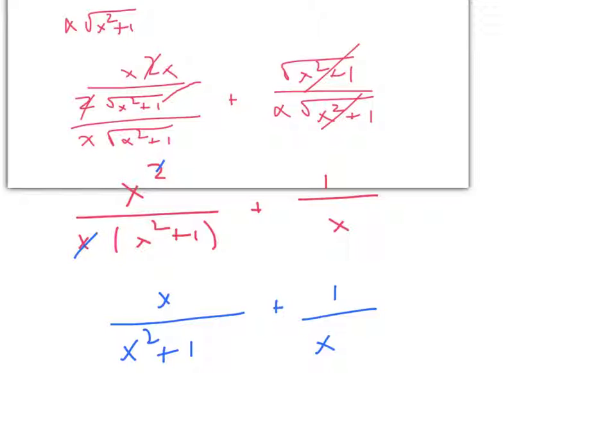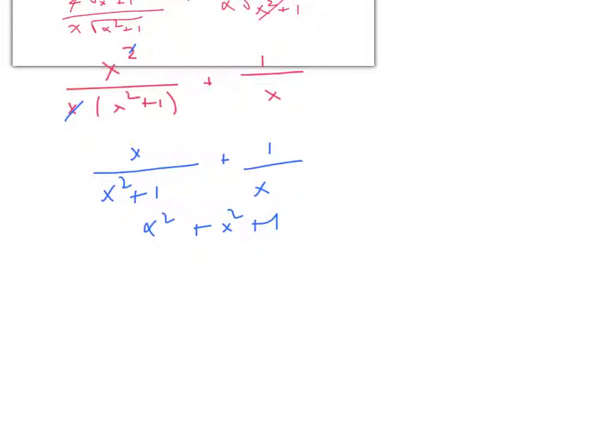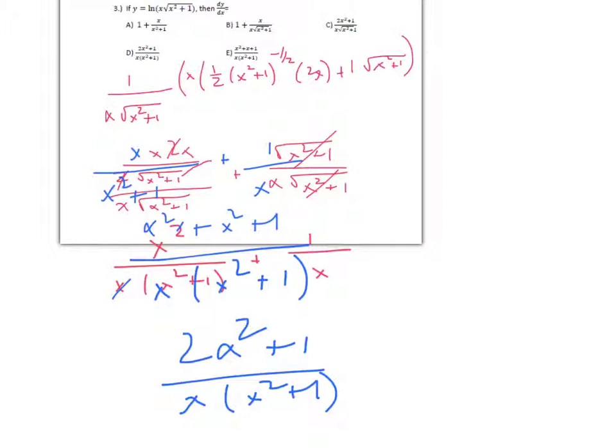We're going to add some fractions. That gives us x squared plus 1 all over x times x squared plus 1, which gives us 2x squared plus 1 over x squared plus 1. So therefore your answer should have been choice C.